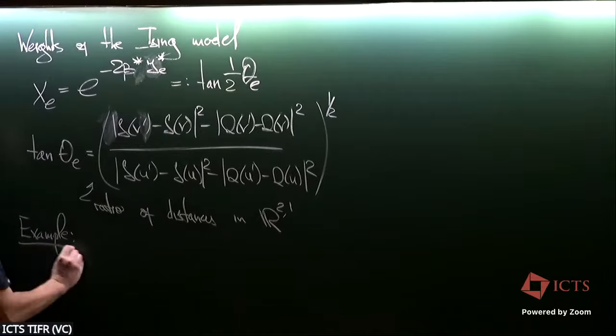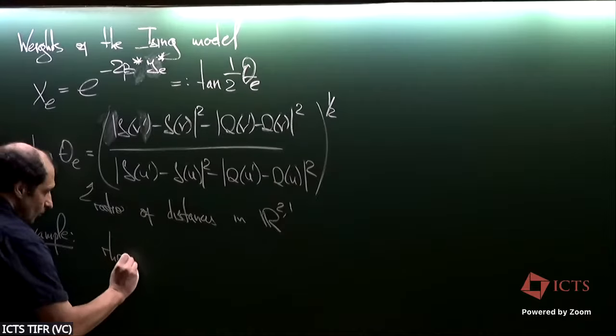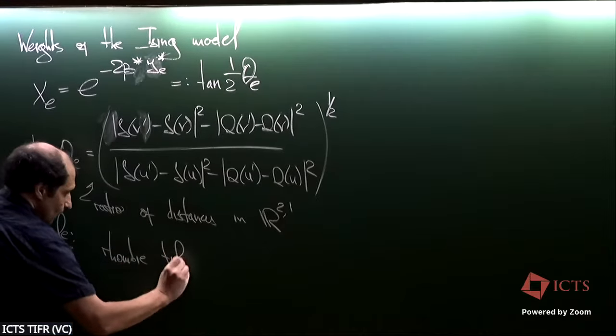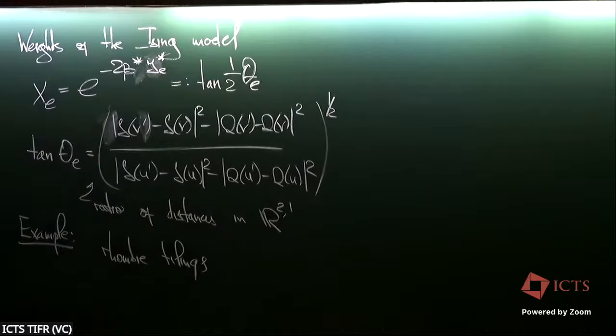And an example, which is too simple, of course, but when you start with rhombic tilings, then when lifting this rhombus. Just to check, is it tan theta e or tan half? This is tan theta e, here is 1/2. Okay.